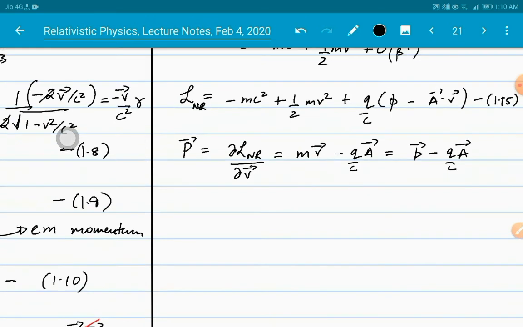Here it has just become reduced to mv, and gamma has been taken to be 1.